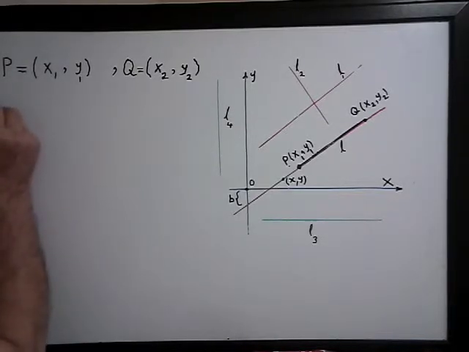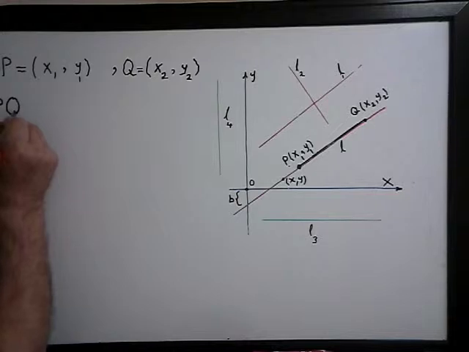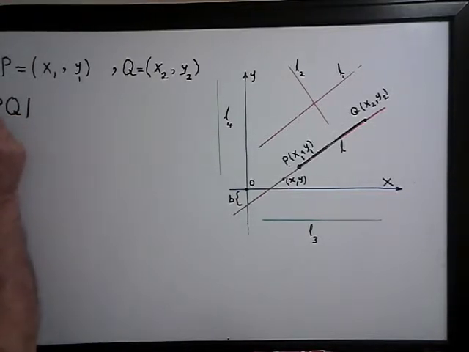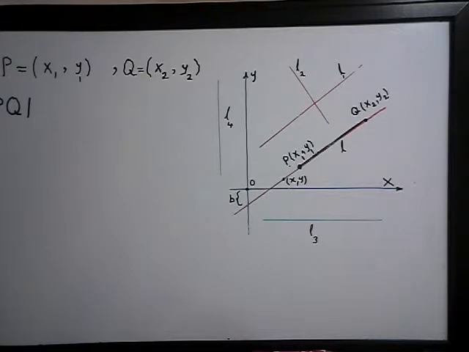can be found by using the rule: the distance PQ, we will put the absolute value because the distance, as we said in a previous video, is not negative.